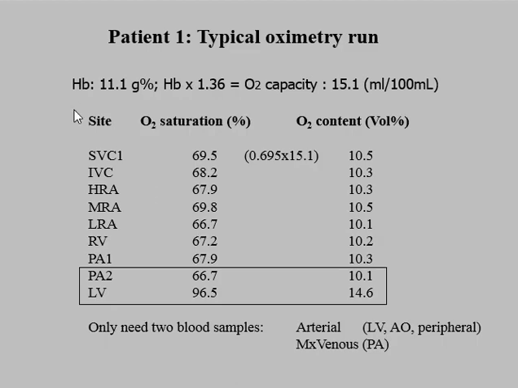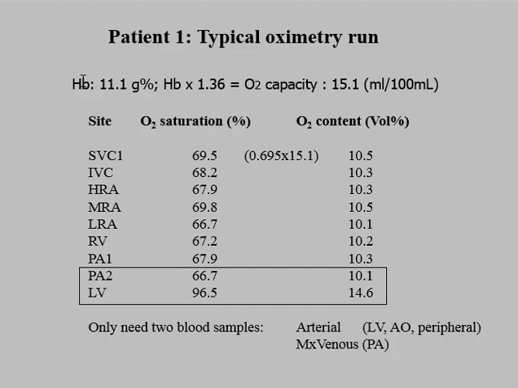Let's go up here to see how we use these values to calculate oxygen content. We take blood and put it through a blood analyzer, and we get a hemoglobin value expressed in gram percent. That means that in this case, 11.1 grams of hemoglobin are present in every 100 mils of blood.